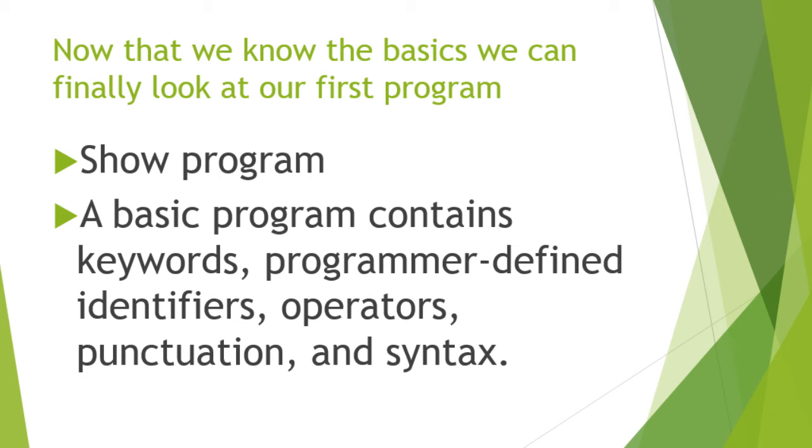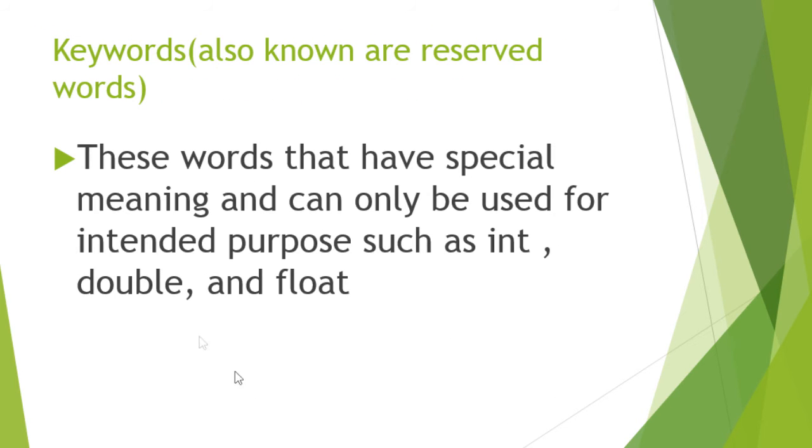A keyword is a reserved word that you can't use to name your objects, I would say. Okay, some examples would be int, double, and float, which you use to identify data.